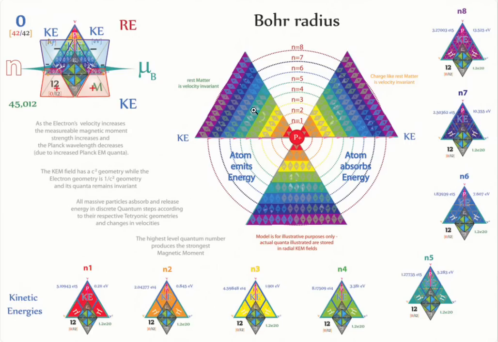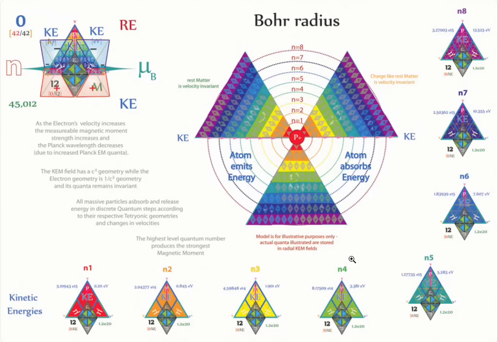This is not on the charged geometry of the matter, it's purely the energy in the chem field. And accordingly, if it wants to jump up from one level to the other, it must absorb energy in order to go from one energy level to the other within the atomic nuclei.